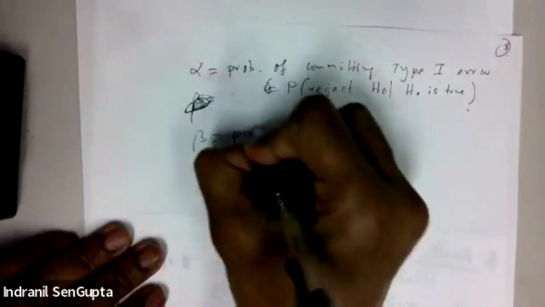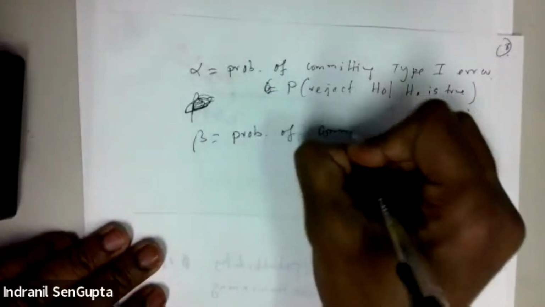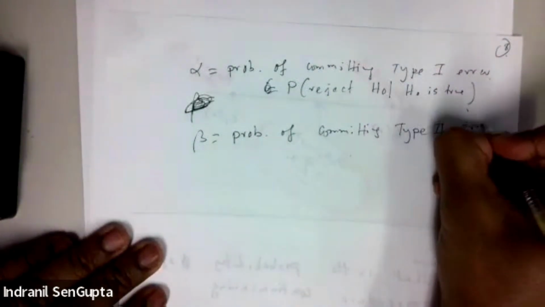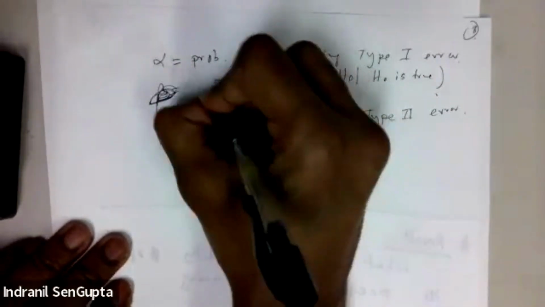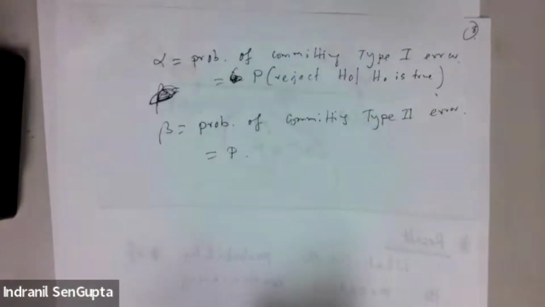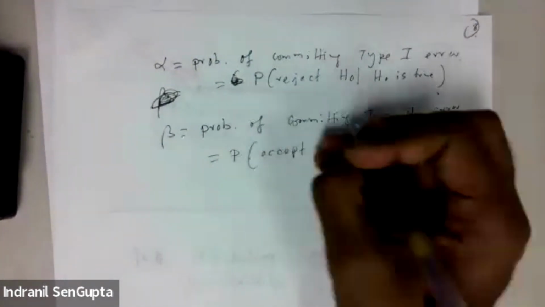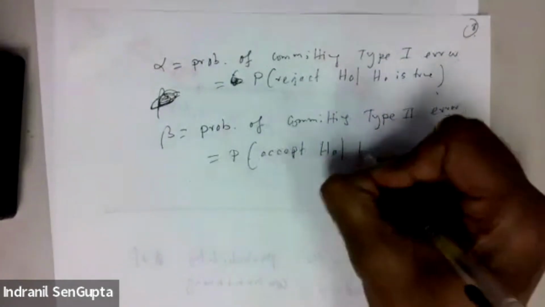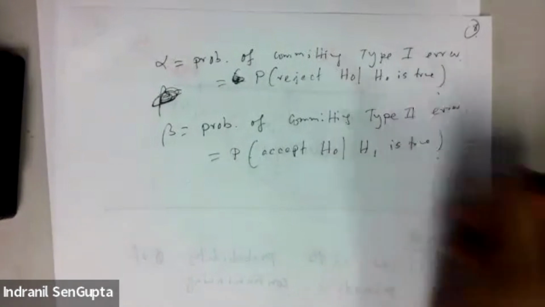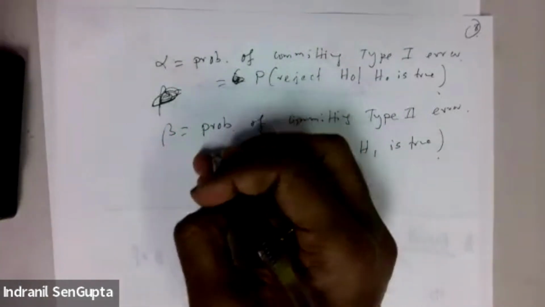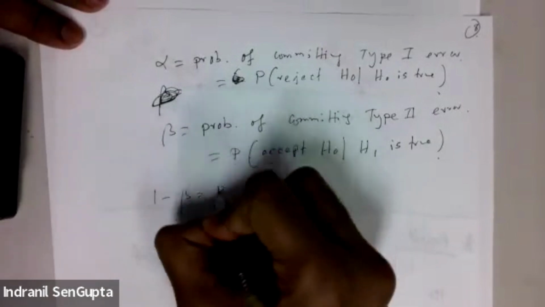That is my alpha, right? And beta is the probability of committing type 2 error. And what is that? So this is the probability of accepting H0 when in fact H1 is true. And remember also we know that 1 minus beta is the power of the test.